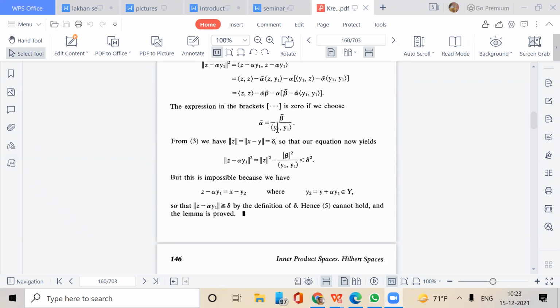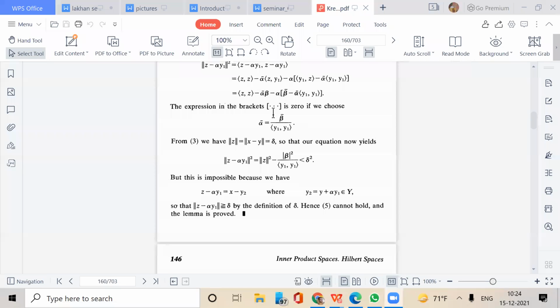Now if we choose alpha bar is equal to beta bar upon inner product of y1 comma y1, then the term in bracket, that is the third term on right hand side, alpha into in bracket beta bar minus alpha bar into inner product y1 comma y1.